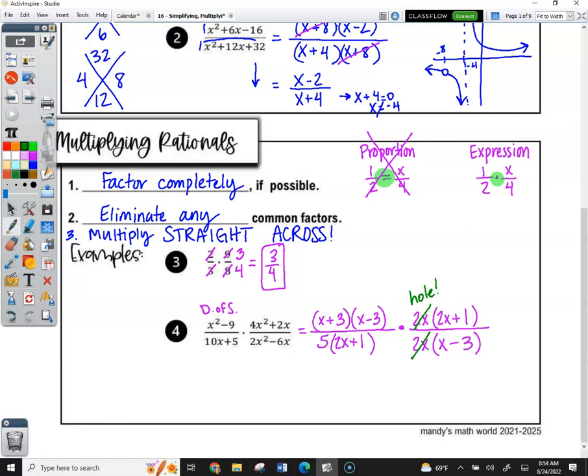So what would make that 0? If x were 0, right? 2 times what would give me 0? 2 times 0. So there's a hole at 0. Is there another hole? x minus 3, right?